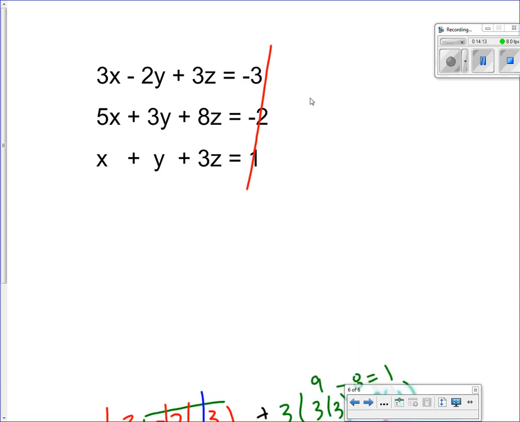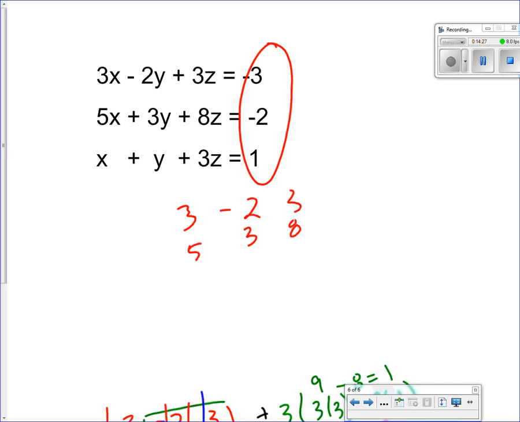Okay, so what I'm going to do is I'm going to take these 3 numbers that we started out ignoring. And the matrix we started with was 3, -2, 3, 5, 3, 8, 1, 1, 3. The column that represents x is the first column.